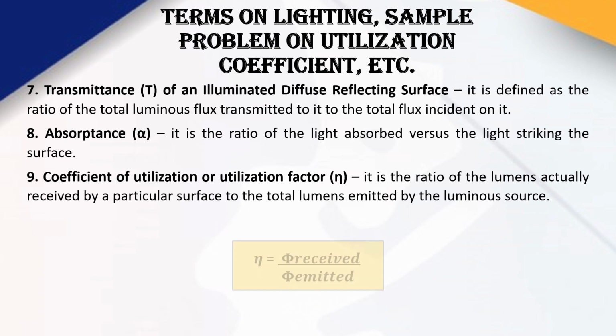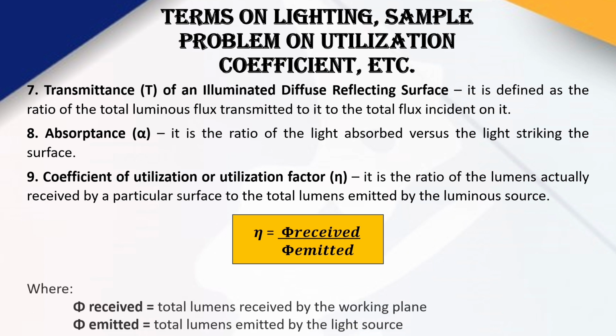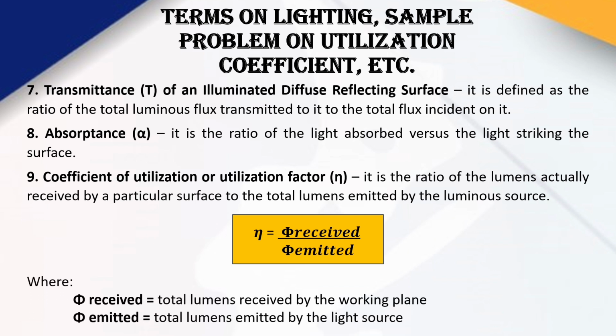So this is the formula: N is equal to luminous flux received divided by luminous flux emitted, where luminous flux received is equal to total lumens received by the working plane, and luminous flux emitted is equal to total lumens emitted by the light source.